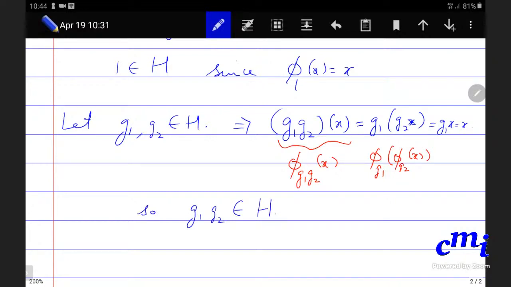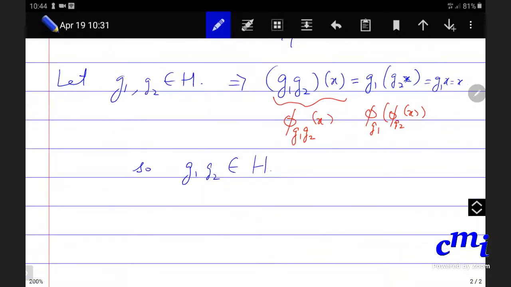Now let us take g1 inverse x. So how do we compute this?